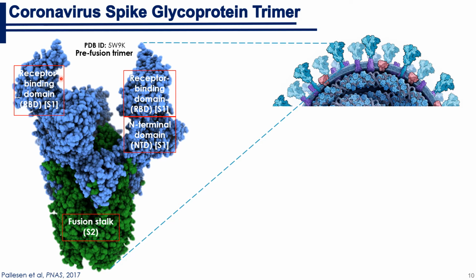But after a second type of cleavage happens, that is the S2' cleavage, this entire S1 cap disengages from the spike glycoprotein, and the fusion stalk will have the space to open up and refold into a dramatic conformational rearrangement, and that will lead to fusion of the viral membrane and the host cell membrane.